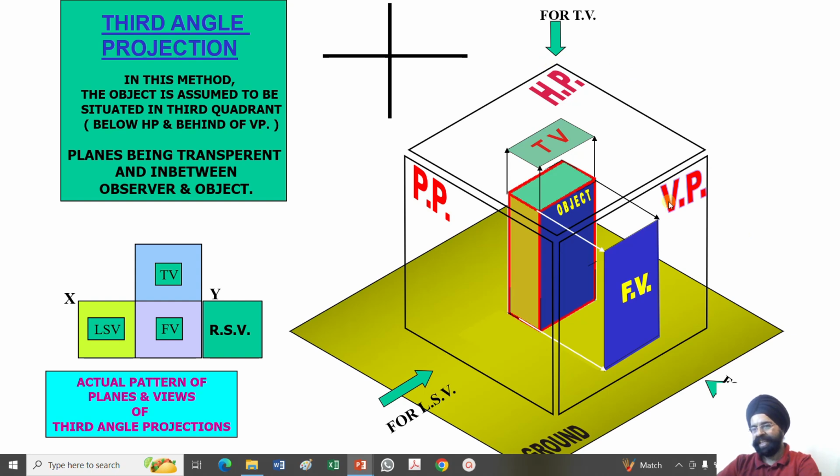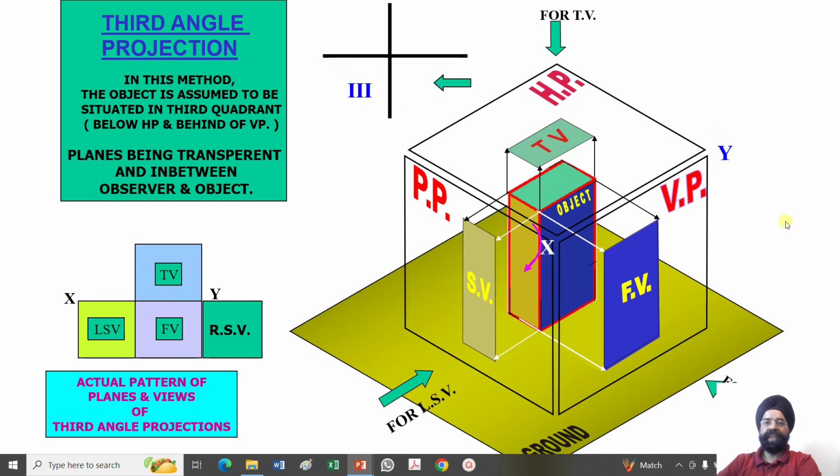So since the hinge lies here, the right side view will be rotated on the right side. So the right side view will be drawn on the right hand side, the left side view on the left hand side, the front view below XY, and the top view above XY. This thing we need to understand. This is my left side view which is drawn, and it will be opened up on this side.